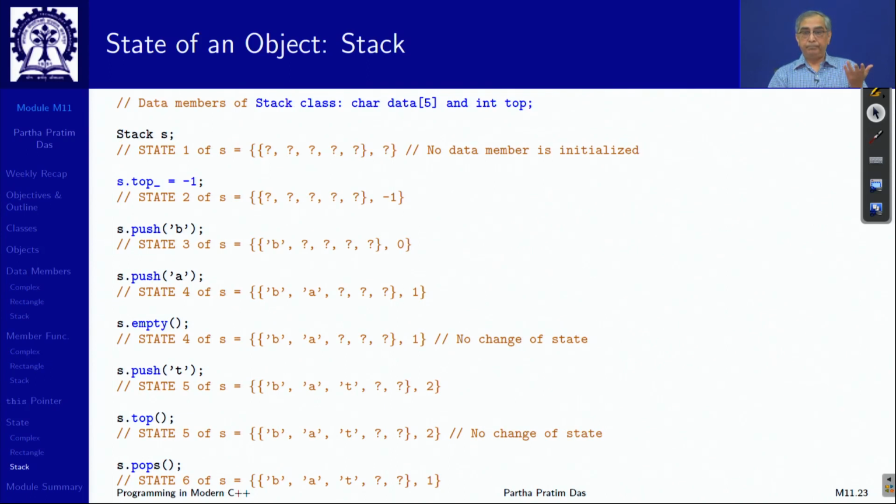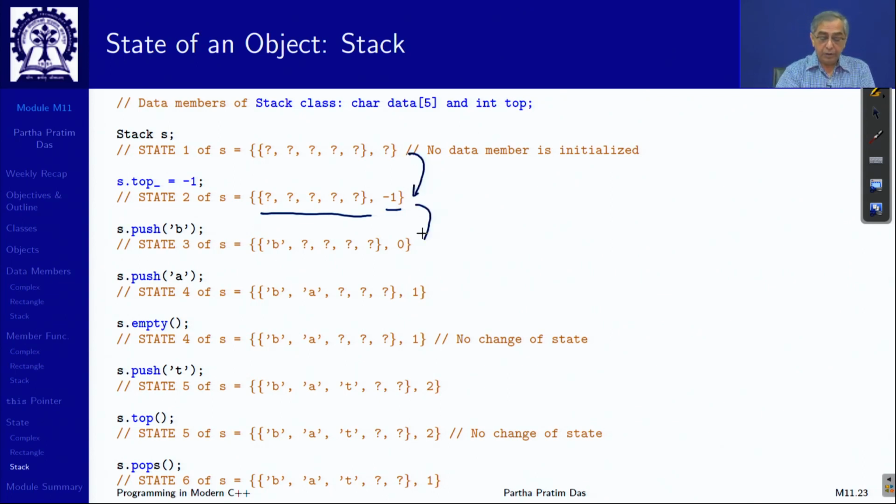So you do not know what, they are just question marks, that is undefined. Similarly, top has not been defined. Now, once you define top to be -1, then your array remains all undefined, but your top has become a specific value. So this is a different state from the earlier state.